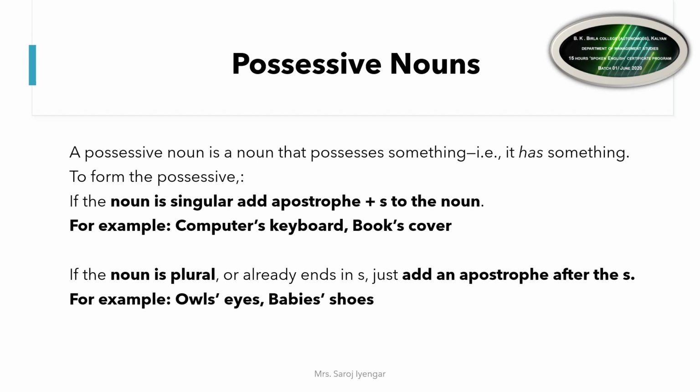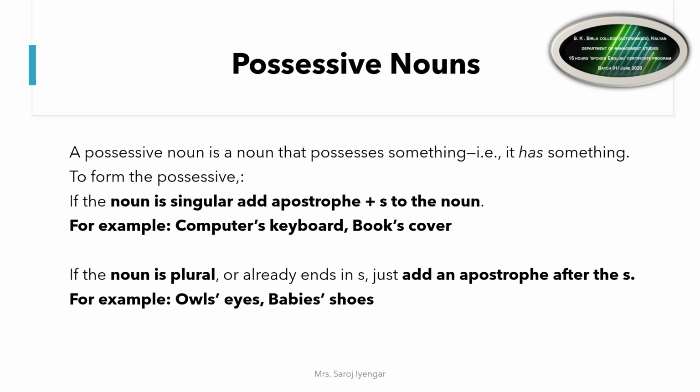It's a singular noun. To make it possessive, you put an apostrophe s, so that will be computer's keyboard. When I say book's cover, a single book, you want to show ownership of the cover, you say book's cover. So what you are doing here is putting an apostrophe s on the singular noun to give it possession.